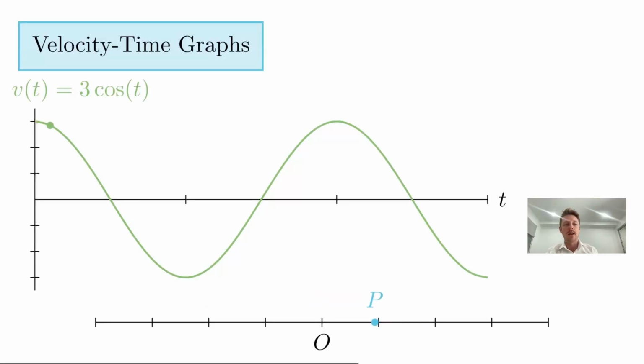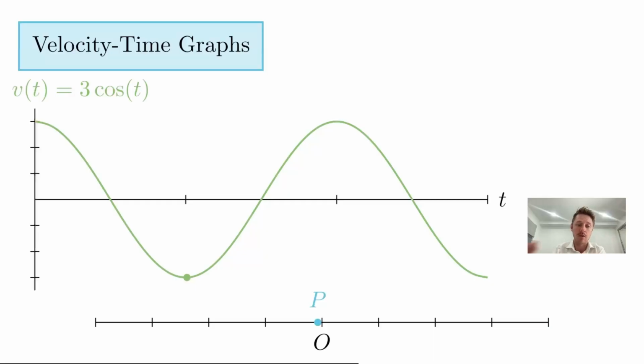If we then play that and map these velocities to this point P, you'll hopefully start to see that they map. At this point here, point P gets right to the top and the velocity goes to 0, an x-intercept at that point. And then it comes down. When it gets to this point, I encourage you to think about what's going on for point P, but I think you would agree it's traveling in the negative direction with maximum velocity.